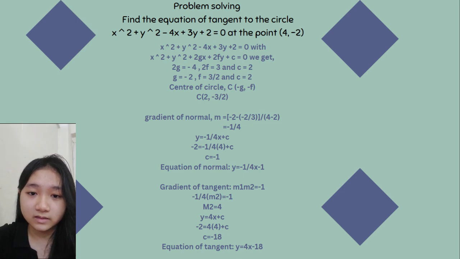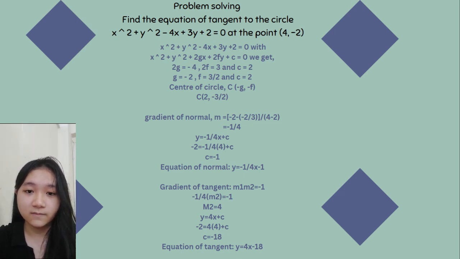Then we know that the linear equation of the general form is y equals to mx plus c. We substitute y equals to negative 2, m equals to negative 1 over 4, x equals to 4. Then we will find out c equals to negative 1. So the equation of the normal is y equals negative 1 over 4x minus 1.